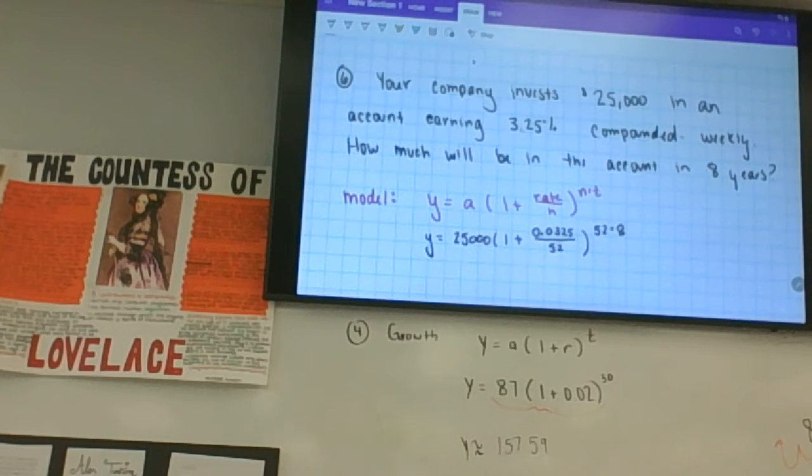The interest is spread out over 52 weeks, which means in the 8 years, the bank isn't giving you interest 8 times, it's giving you 52 times 8. Now that one's a lot more complicated to put in your calculator. But if you have the right calculator, you don't even have to hit enter more than once, you can put it all in at the same time.